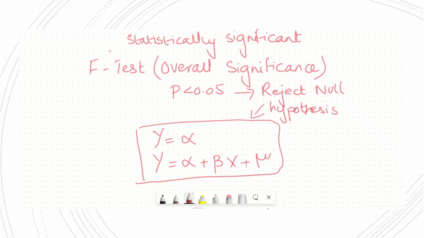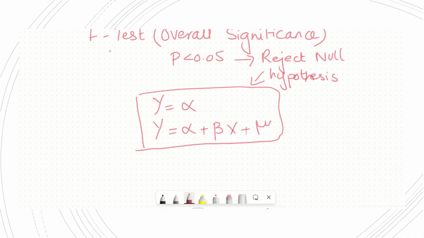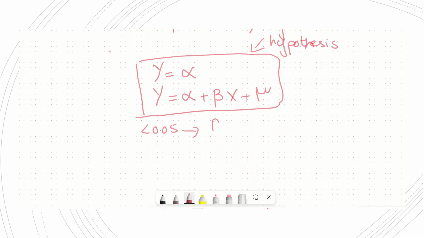So when the p-value of the F-test is less than 0.05, you reject the null hypothesis that both models have the same fit, and you say that your model is better than the intercept model, in which just the intercept term is included.